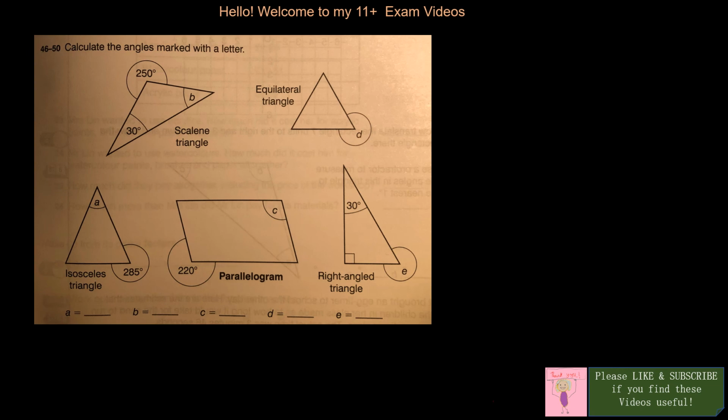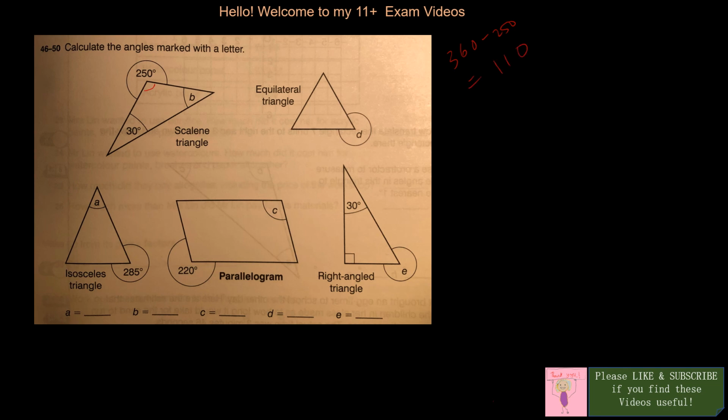okay, this one. What do I have to do here? I have to calculate the angles marked with a letter. Okay, so how do I do this? Let me do it. This is 250. So this is a scalene triangle. So we will have 360 minus 250. Angle around the point is 360.